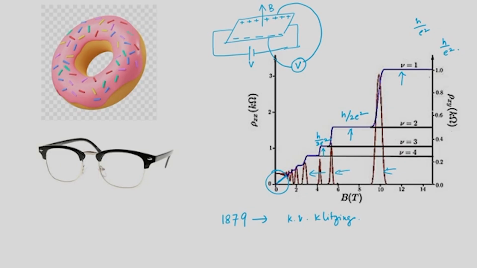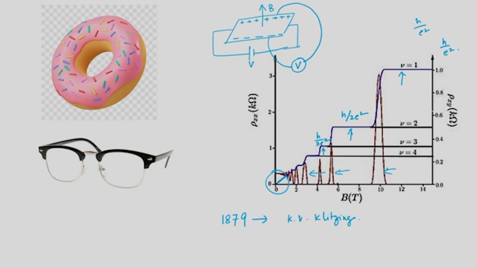So this quantization of the Hall resistance was not known earlier, and then it was found that these plateaus are extremely robust and they are accurate up to 10 to the power minus 8 or 10 to the power minus 9, and they don't go away with increasing the magnetic field and the disorder in the system. And these are just the 2D electron gas, that is the electrons are confined in 2 dimensions and the magnetic field is in the Z direction.